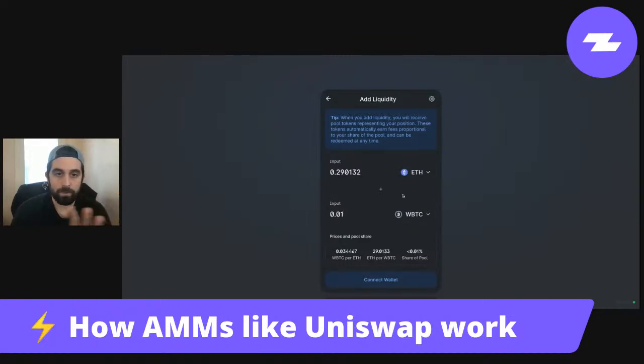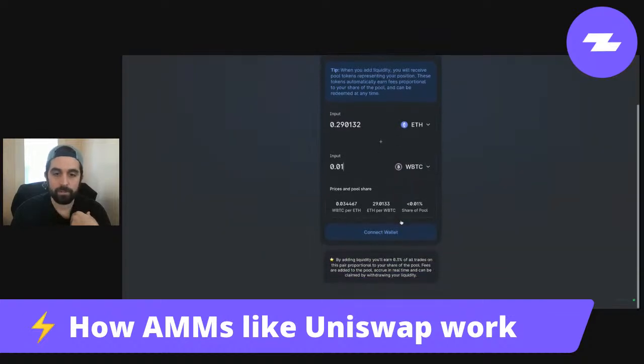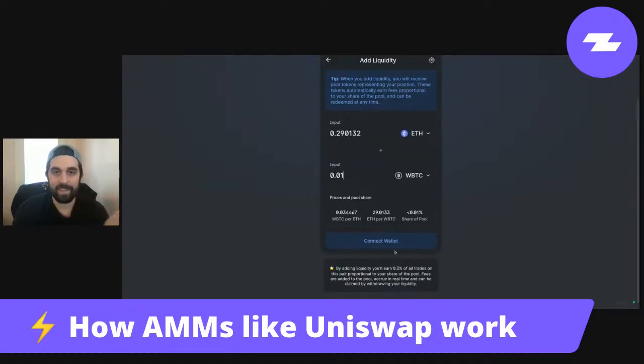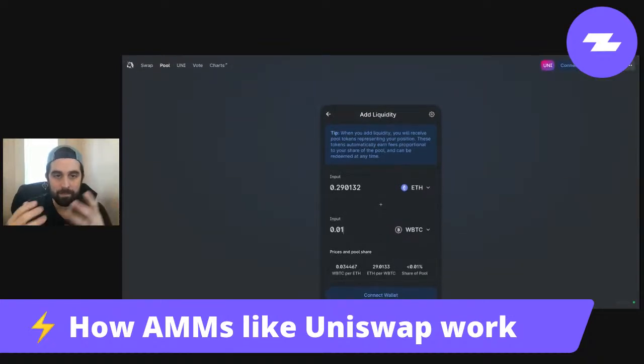I now own 1% of all the liquidity. So every time someone trades, I as a liquidity provider am earning 0.3% of all trades. So I'm earning the proportional amount of that 0.3% on all trades. So that's it. That's really how simple an AMM is. I think of it as a community-owned exchange.